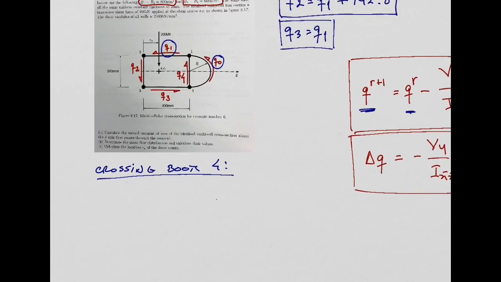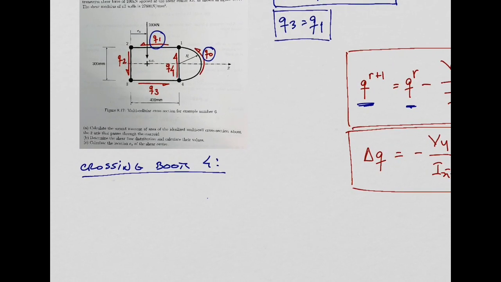Now if you do that for this boom number 4, the shear flows leaving the boom are Q4 and Q0, you see? So I'm putting all of these shear flows leaving boom number 4 on the left hand side. On the right hand side, I have the shear flow arriving at the boom, which is shear flow Q3, which we know is equal to Q1. I can do like this, right?